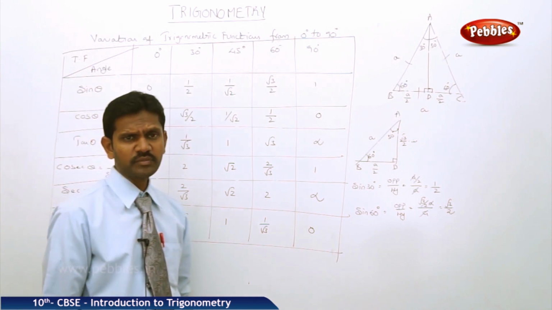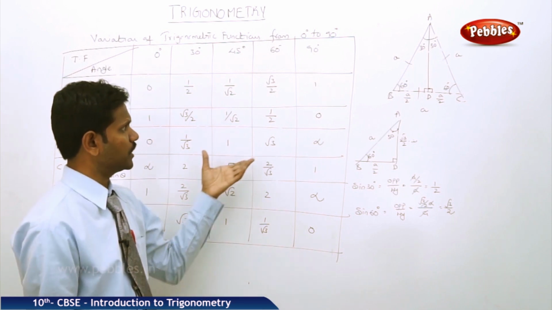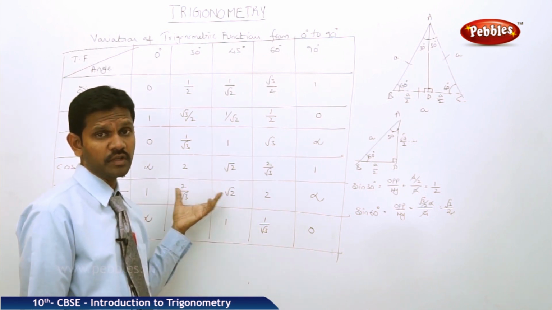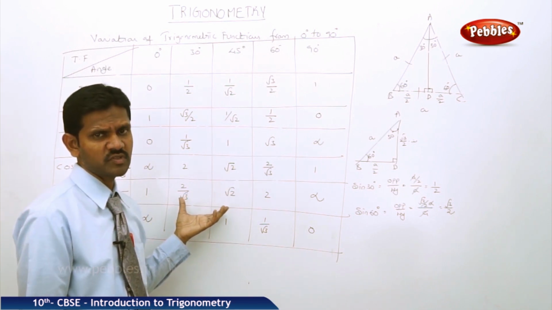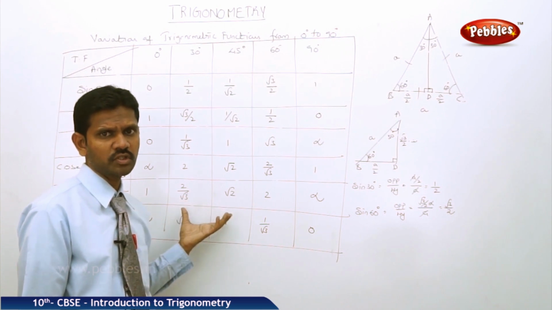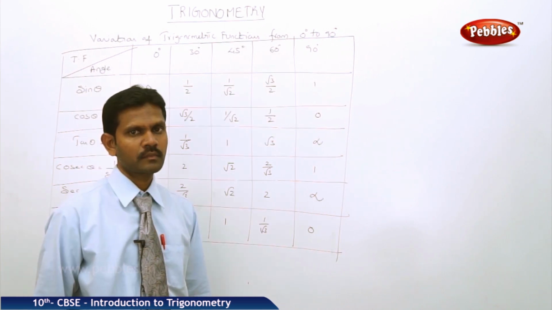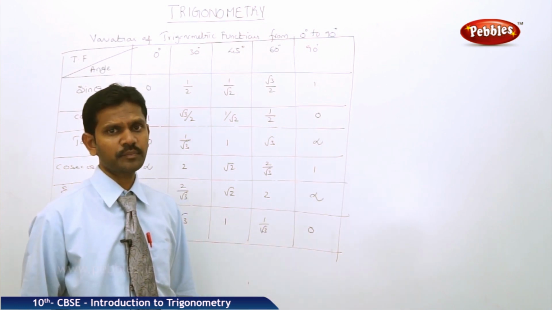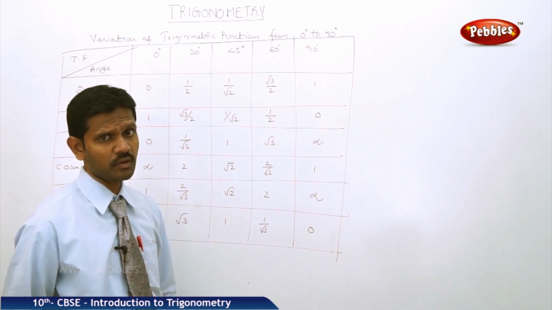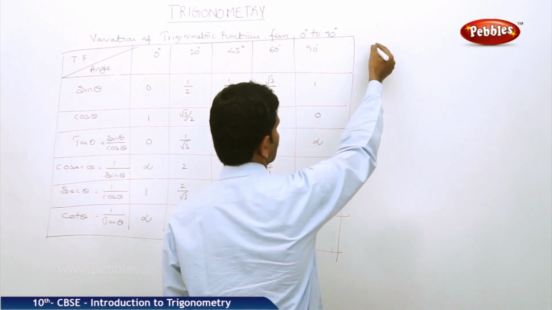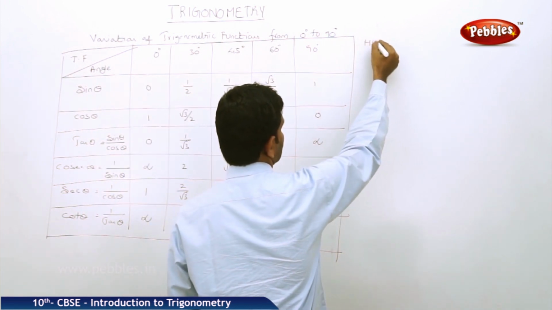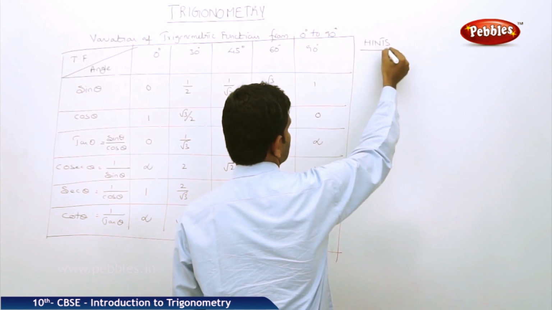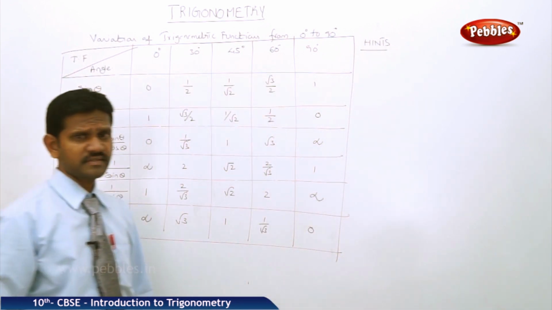Now from this table we have observed some very important values. What are those? Let us see. Now from the trigonometric table we will observe some of the important things. Hints.